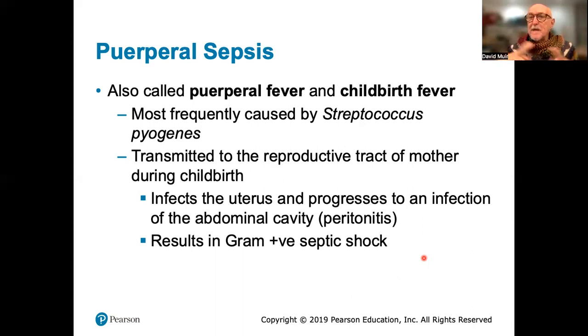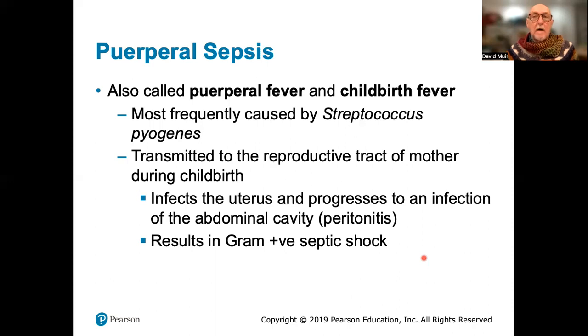The cervix may be stretched and torn, the mucosa stretched and torn, even the vagina. And as a result, there are multiple surfaces where bacteria can gain access and move from the reproductive tract into the abdominal tract especially, and cause septicemia as well.